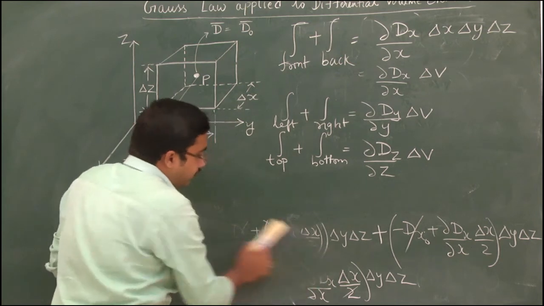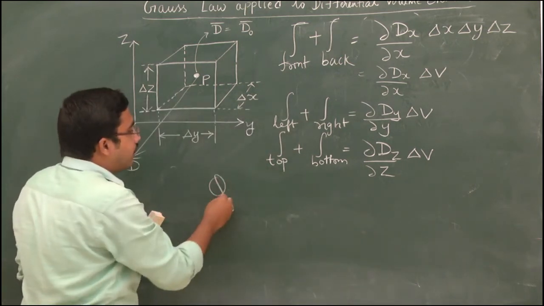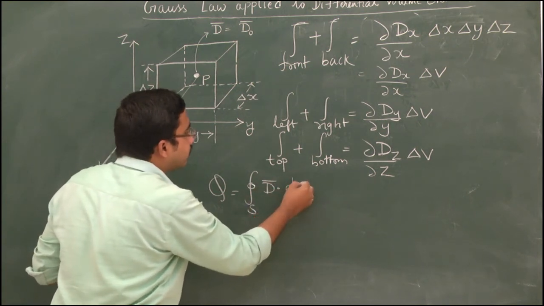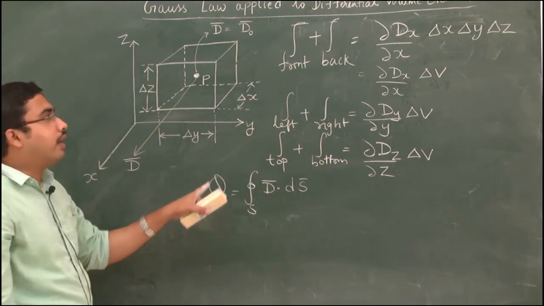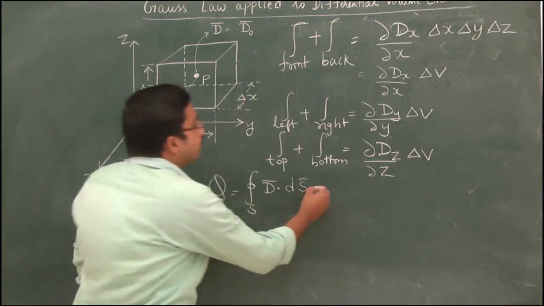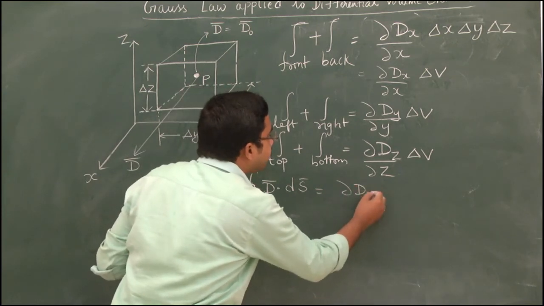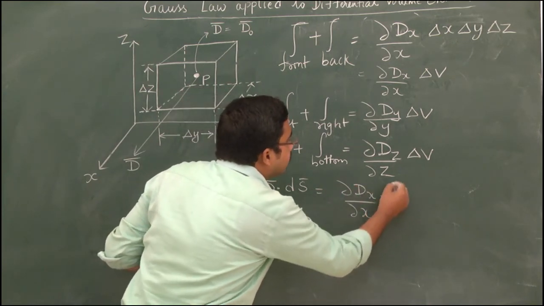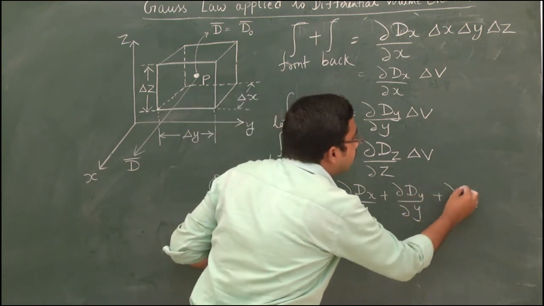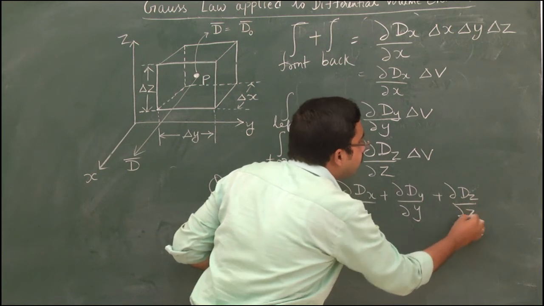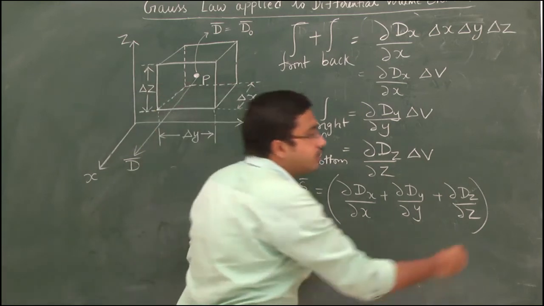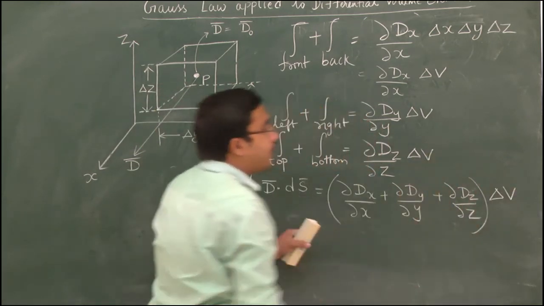Let us simplify that. So we know that charge Q is equal to the closed surface integral of D̄·dS̄. Already we have calculated the 3 sums of integrals. If you add those here, finally you will get (∂Dx/∂x + ∂Dy/∂y + ∂Dz/∂z) into, among all these, the term which is constant, that is Δv.